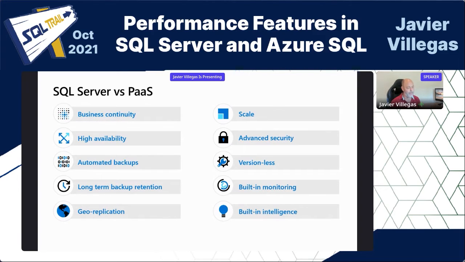Another important thing that I like to mention in the Azure SQL world, especially in the platform as a service offering, is that this is what they call versionless. What is this versionless thing, right? In SQL Server, as we know it till now, we have SQL Server versions, right? 2008, as we said, 2016, 2019, etc. Every time that there is a major SQL Server version, we need to migrate, right, or upgrade.